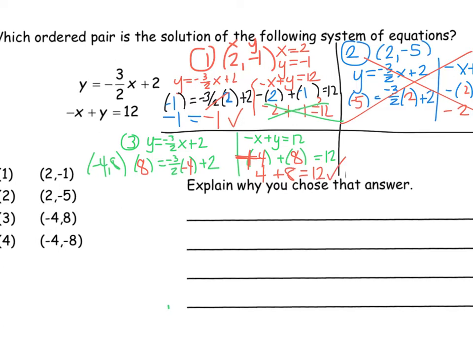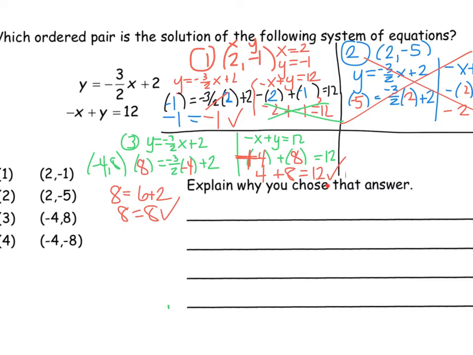Now over here, we're going to have -3/2 times -4. If you put that in your calculator, that should actually be positive 6. And 6 plus 2 is 8. All right, this created a true equation on this side of town.